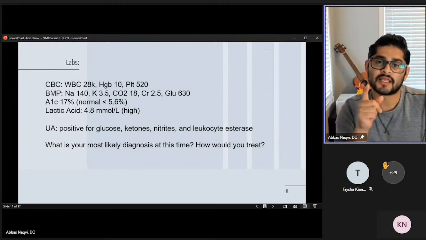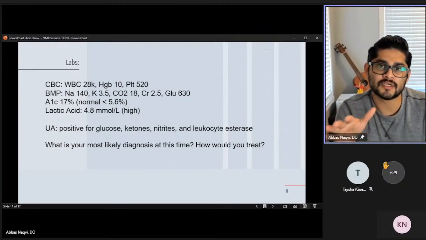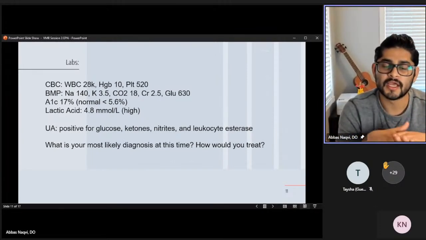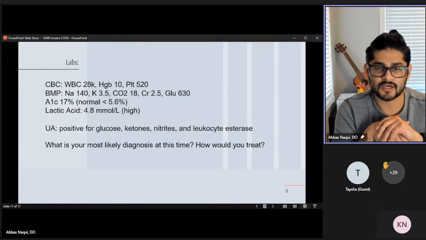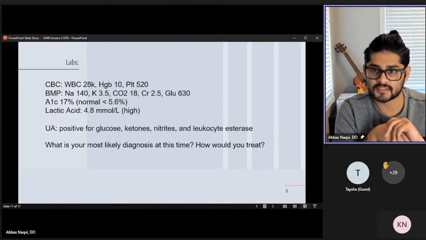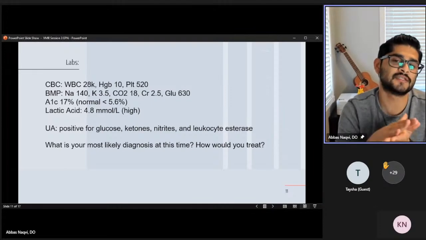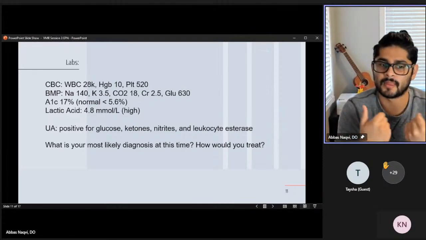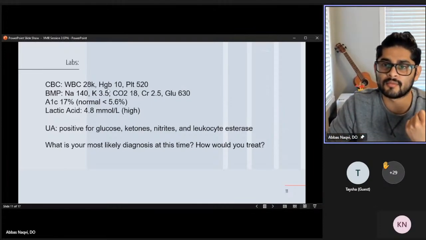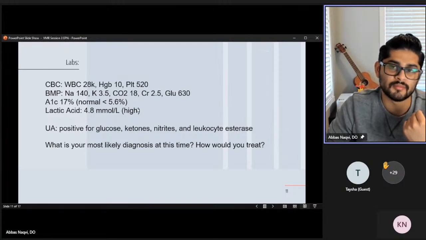And so that lactic acid is a way for us to see how that person is doing. If your lactic acid is high, that tells us there's an overwhelming process going on. And lactic acid is an acid, right? It's this bicarb right here, that's your buffer in your blood.